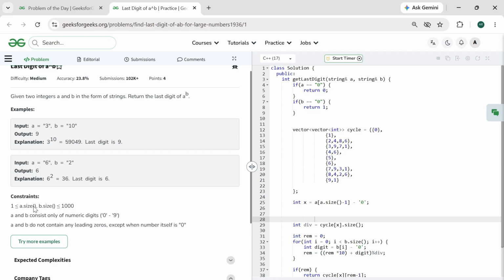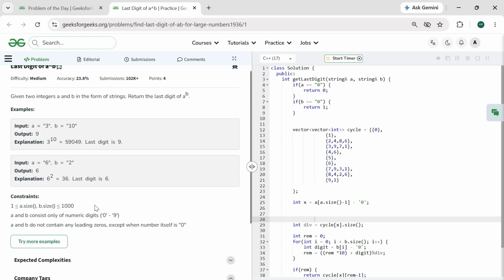Since A is a string, A.size means the number of digits in A is up to 1000, and similarly in B. So it is like 10 raised to 1000, and no standard integer data type is capable of holding such a large number.